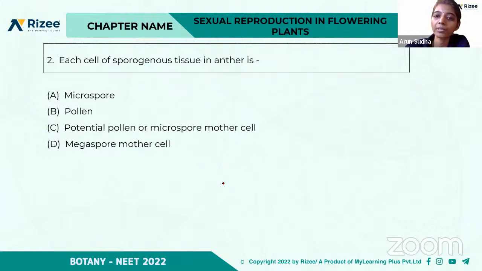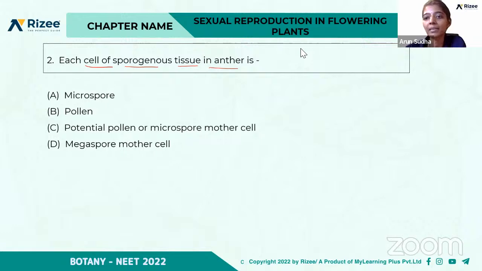But tapetum is the inner layer which gives nutrition. Each cell of sporogenous tissue in anther is a microspore, pollen, potential pollen or microspore mother cell, or megaspore mother cell. So the question is whether it is a microspore, pollen, potential pollen or microspore mother cell, or megaspore mother cell.